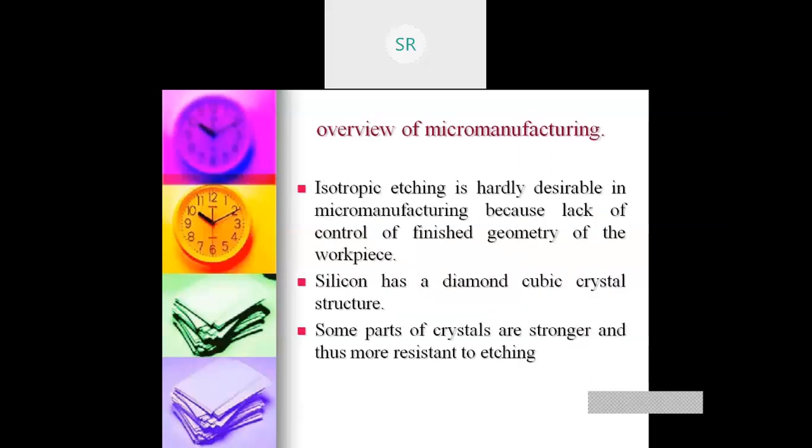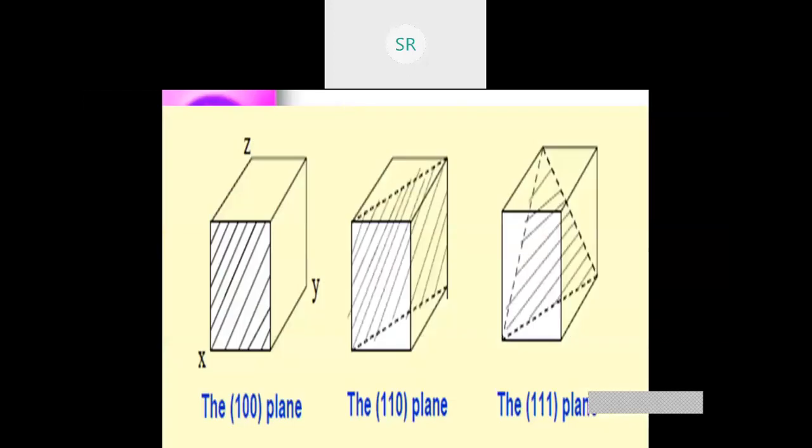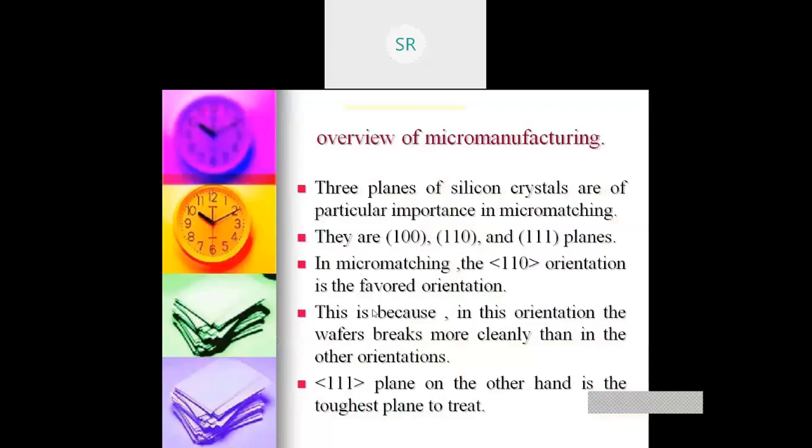After that, we took the cubic structure of silicon, under which we saw the three planes: 100 plane, 110 plane, and 111 plane. Out of those, 110 is the best orientation for micro manufacturing, and the 111 plane is the hardest or toughest plane to treat.